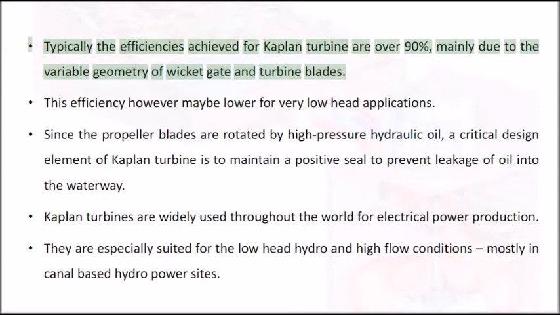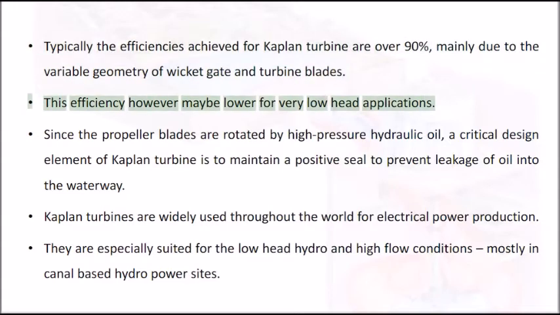Typically, the efficiencies achieved for Kaplan turbines are over 90%, mainly due to the variable geometry of wicket gate and turbine blades. This efficiency, however, may be lower for very low head applications.